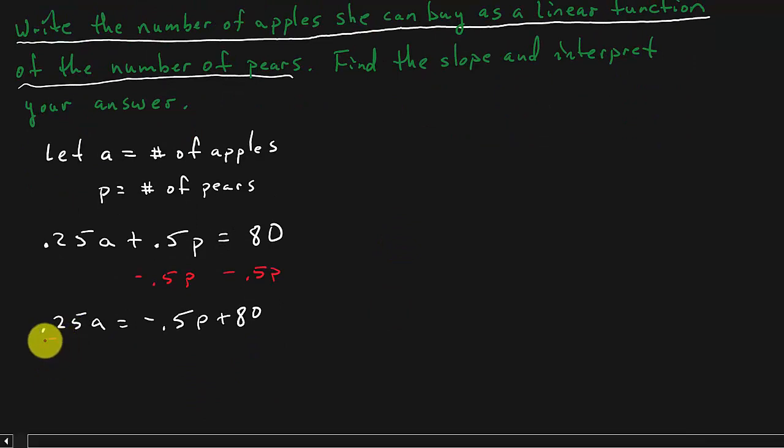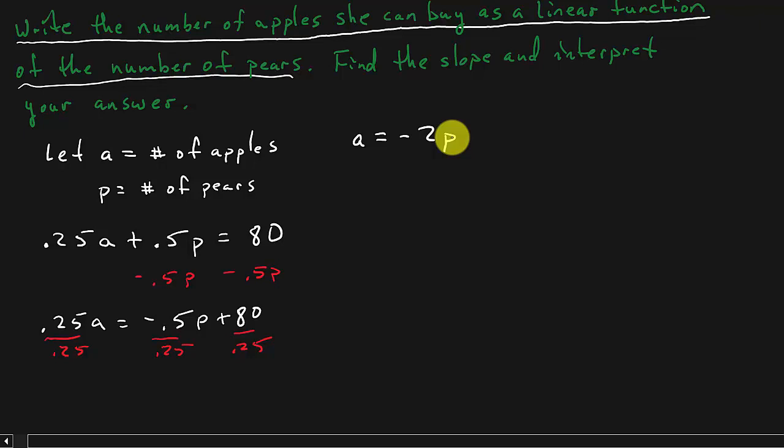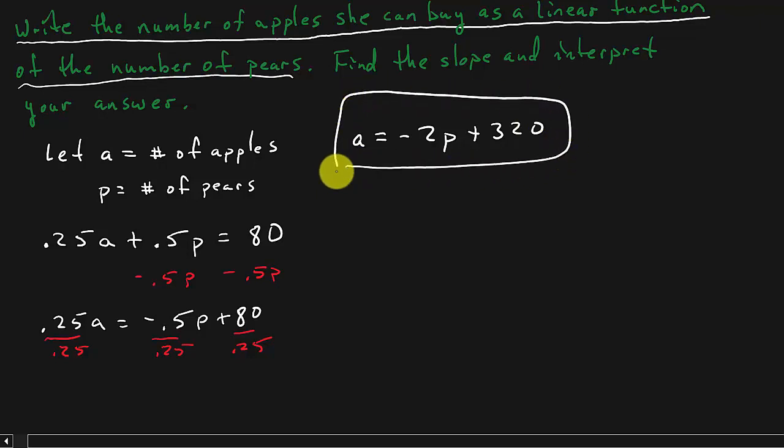So then I divide everything by 0.25. And you would have to use your calculator here. So I would get A equals, and that is going to be what? Negative 2p plus 320. And so that's what they're wanting for the first part.